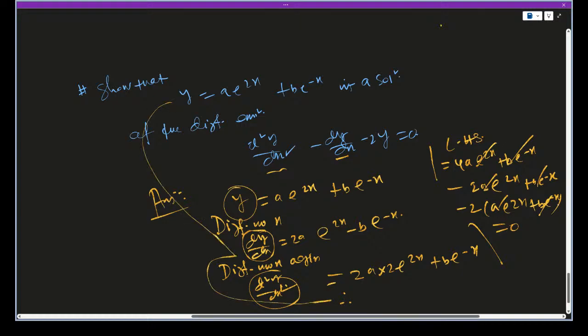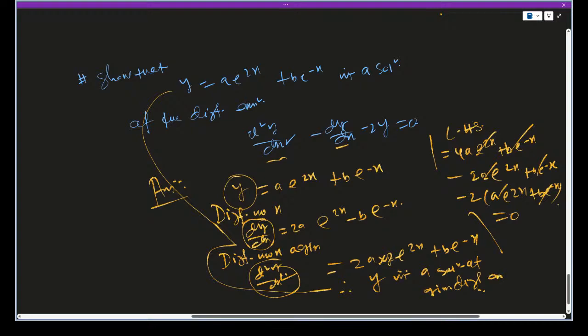Therefore, y equal to a e to the power 2x plus b e to the power minus x is a solution of the differential equation.